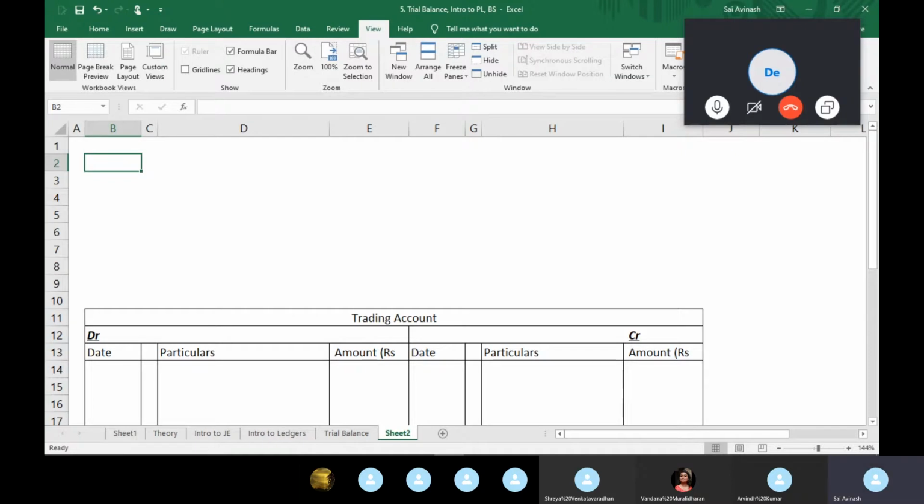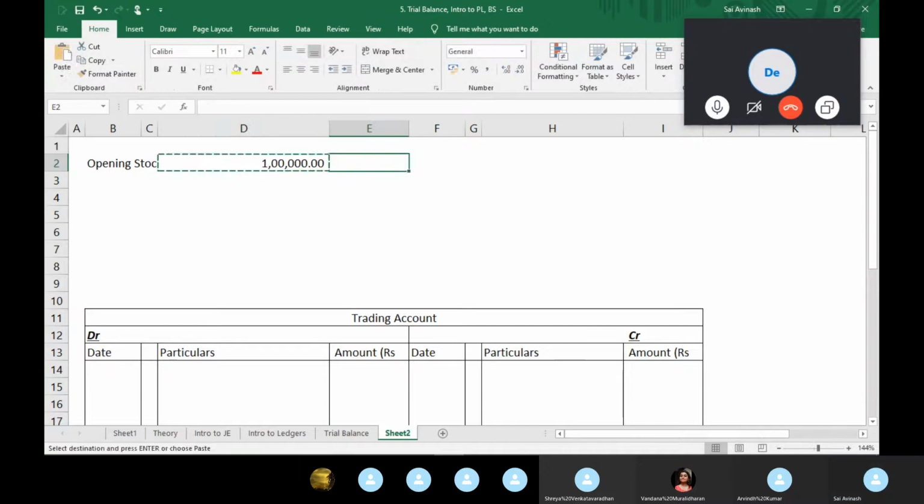I expect you'll be surprised that you'll be able to apply the same concept in what we're going to do right now. So let us say that I'm already running a business. So I have opening stock of 1 lakh.